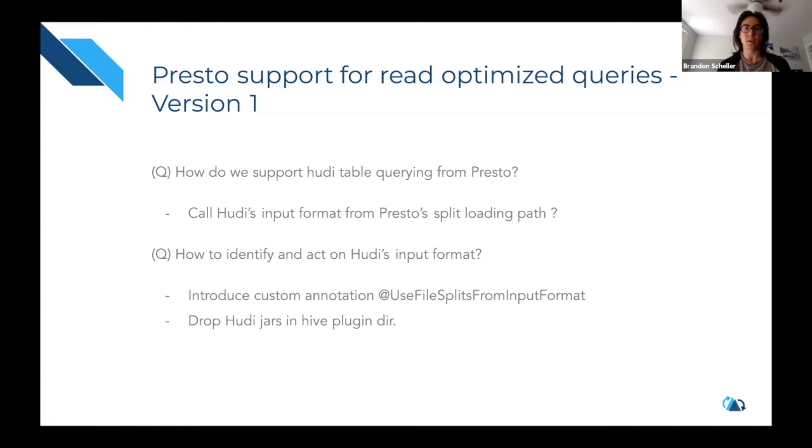This PR allowed Presto to call inputFormat.getSplits when it saw the use of the newly introduced use file splits from input format annotation. Hoodie added this annotation to the Hoodie input format, and then basic Hoodie queries could work through Presto. At the time, Presto had no Hoodie dependency, so this was achieved by dropping the Hoodie Presto bundle jar in the Presto Hive plugin directory.